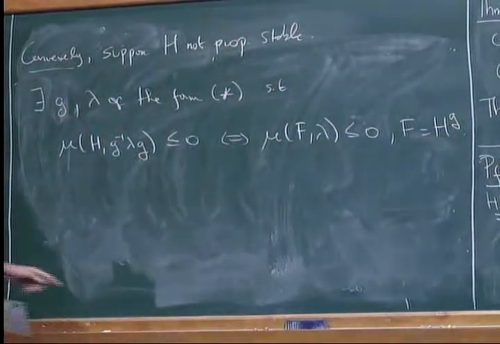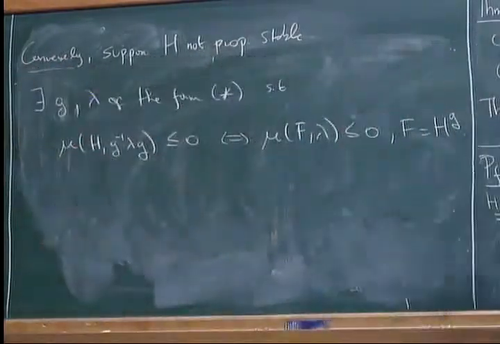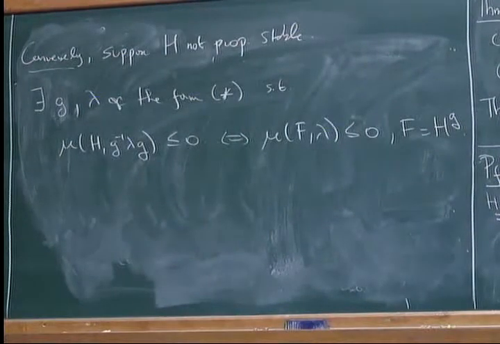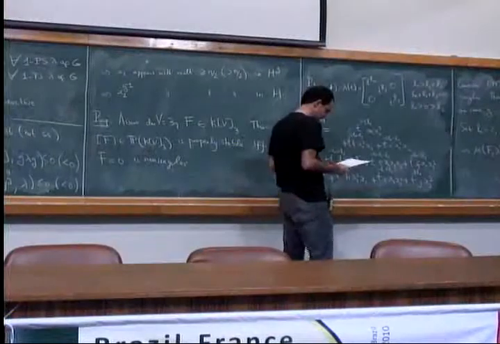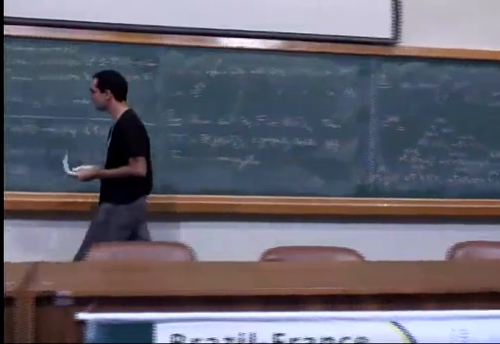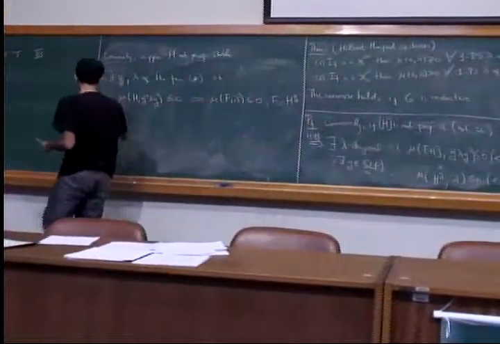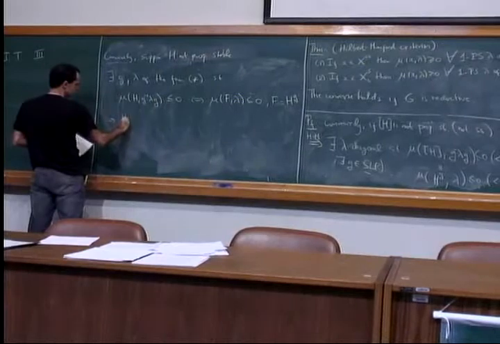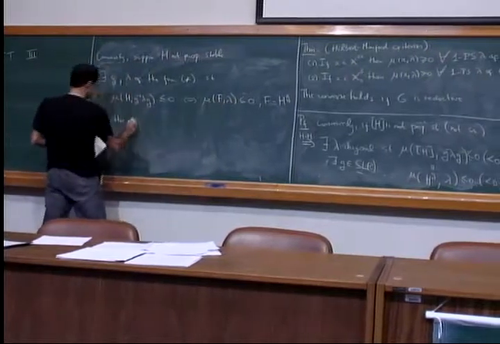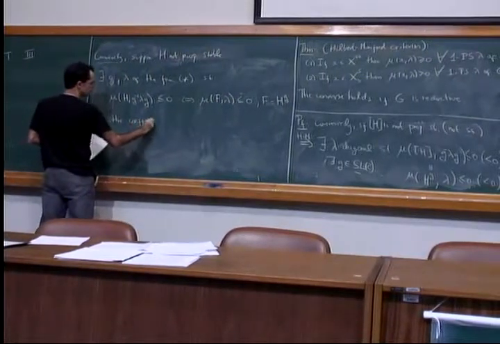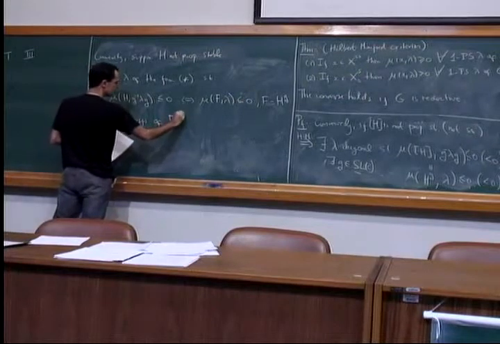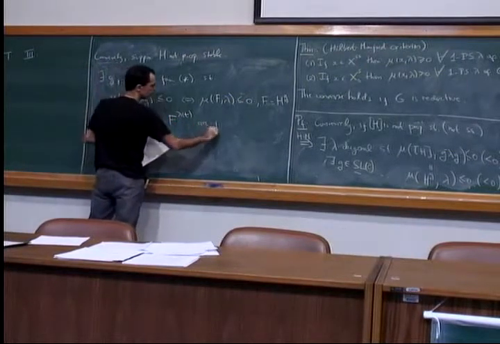Okay? So let's look at this F. Let's write this F in this triangular form, and let's apply lambda T. So the coefficients must be polynomial, since this is non-positive. So the coefficients of F lambda T are polynomial.